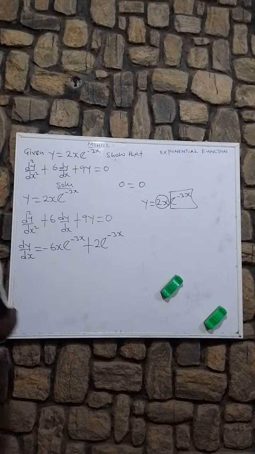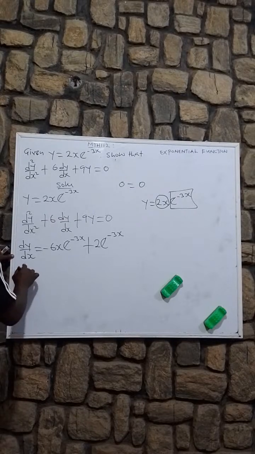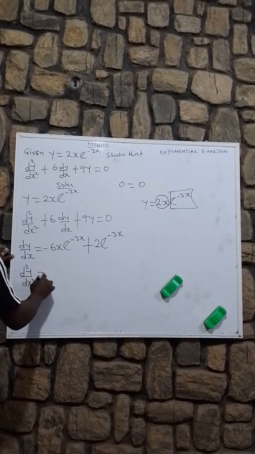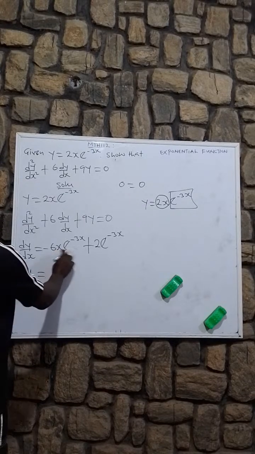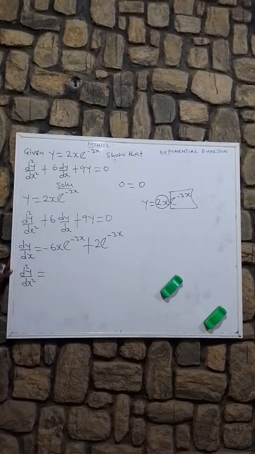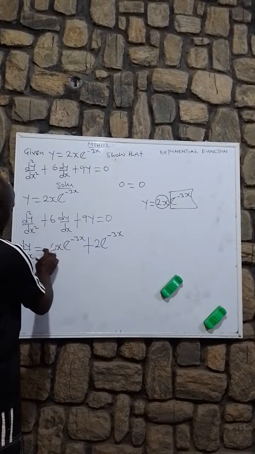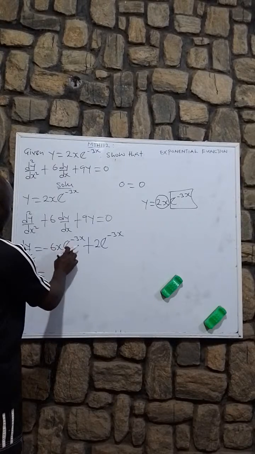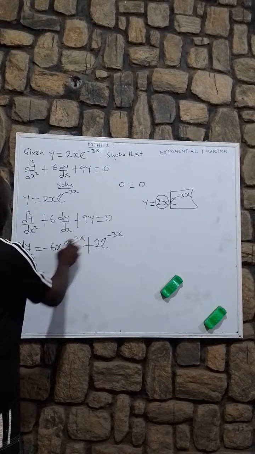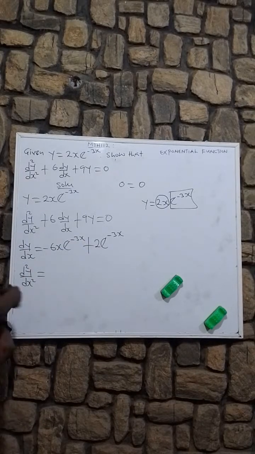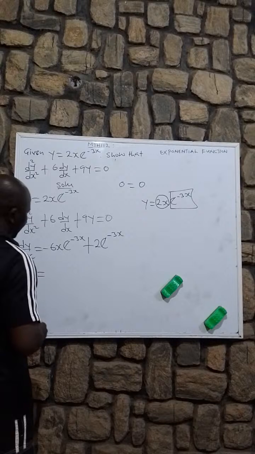Then the second one will now be d squared y over dx squared equals to, here we are still going to use product rule, but here we differentiate it straight. We hold this, then differentiate this. If we differentiate minus 3x, we are going to have minus 3.